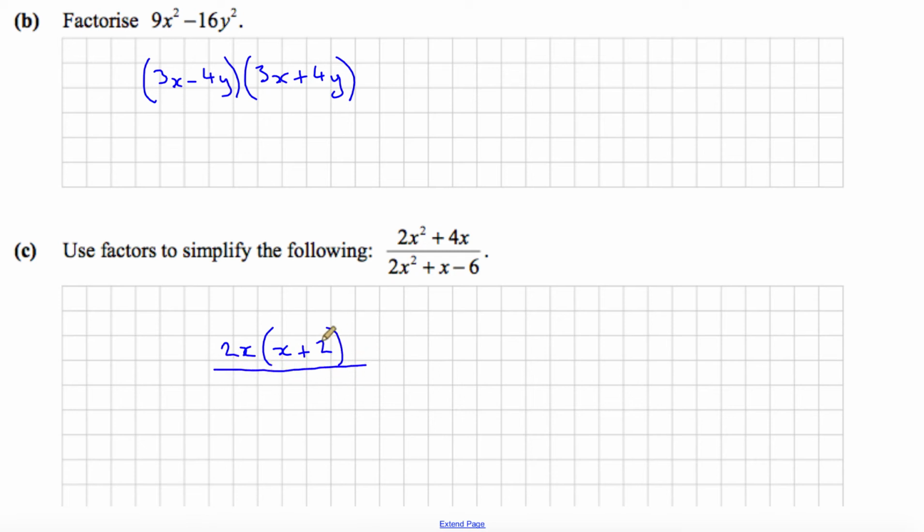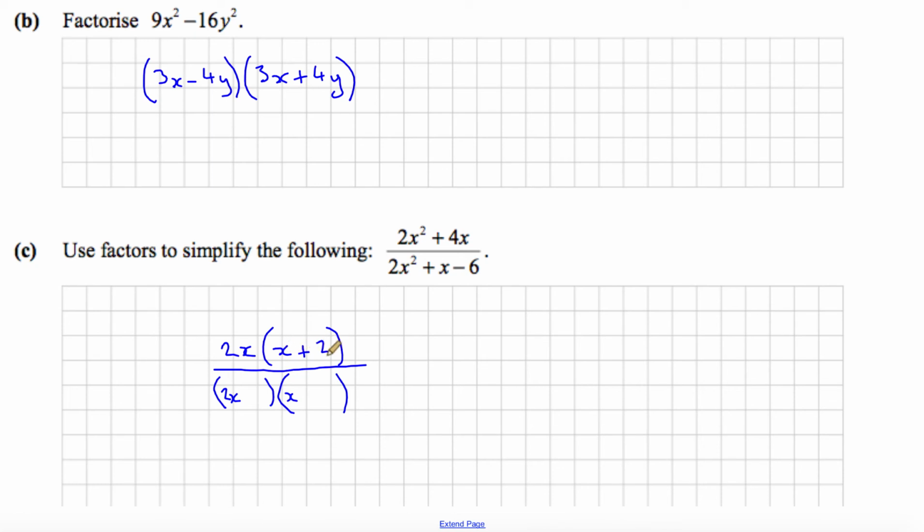So now underneath I have a quadratic, which is going to be factorised into 2 double brackets. I know if it's 2x squared, I'm going to have a 2x here and an x there. And I'm hoping that I'm going to have something to cancel with the top.